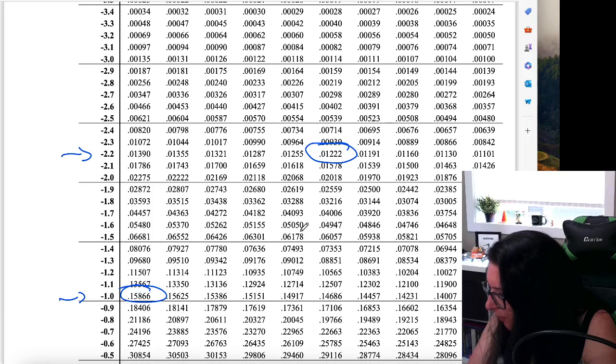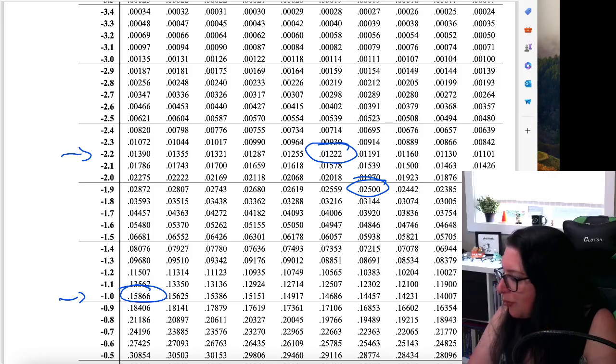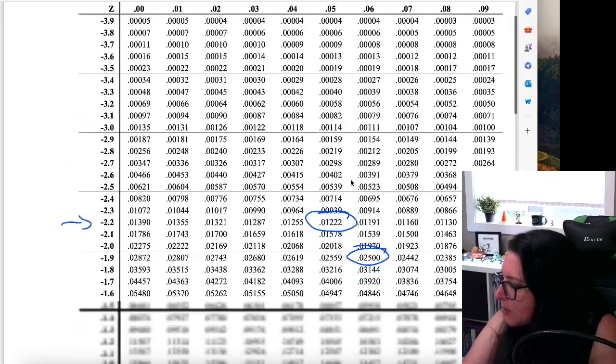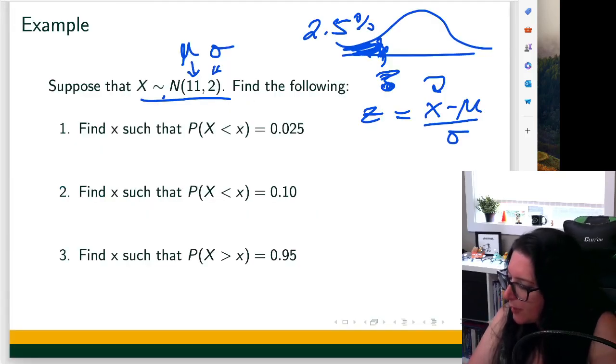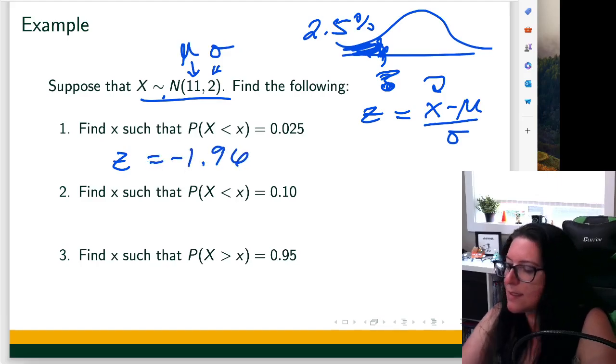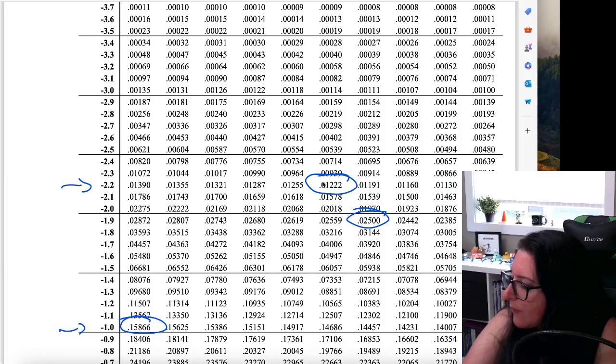We want 0.025. 0.024. 0.025. So here we have 0.025, and it happens at a z-score of negative 1.96. So here we have z equals negative 1.96. That had a probability, everything to the left, of 0.025.